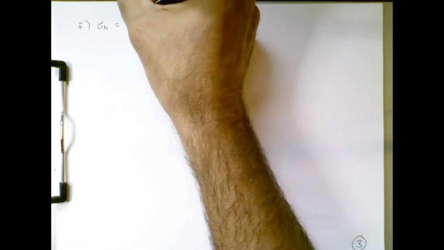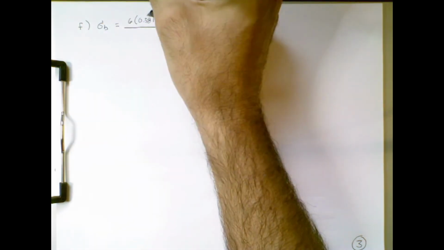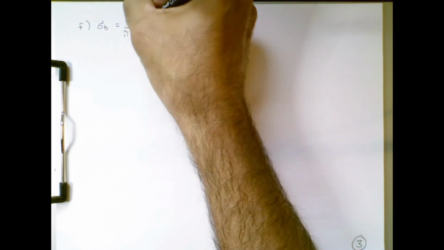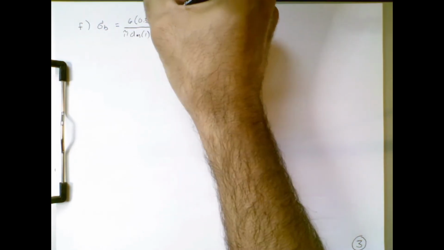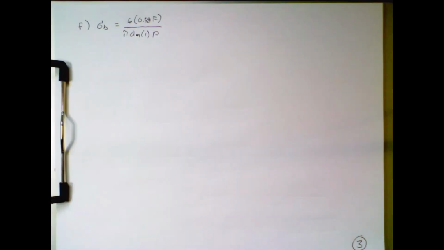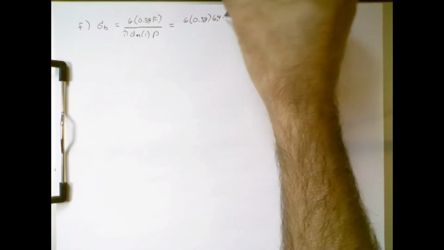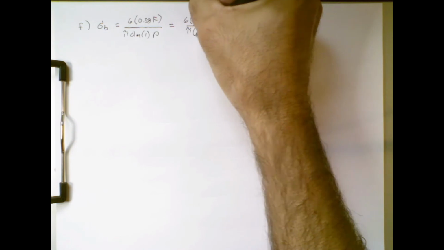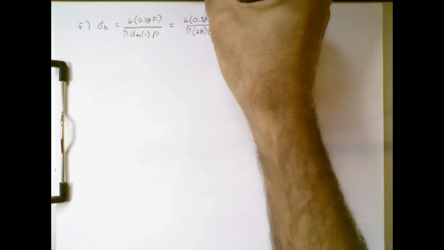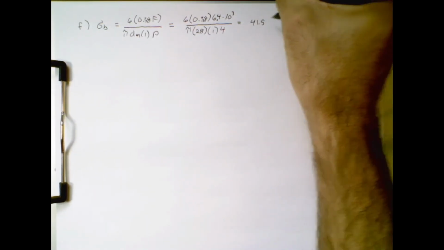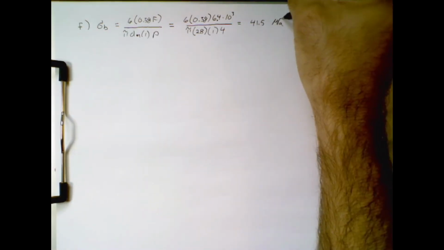Again, here we're focusing in on the first thread that takes the majority of the stress, divided by pi times the mean diameter times 1 thread times the pitch. So we have an axial force of 6.4 kilonewtons, pi times 28 times 1 thread times 4 millimeters, and we get 41.5 megapascals.